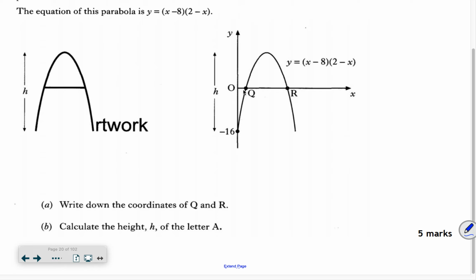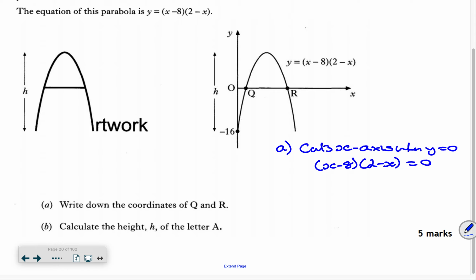So I can find the coordinates of Q and R by knowing that this curve is cutting through the x-axis, and you know when it cuts through the x-axis, so we can say that for part A, it cuts the x-axis when y is equal to 0. So that means we have (x − 8)(2 − x) is equal to 0.